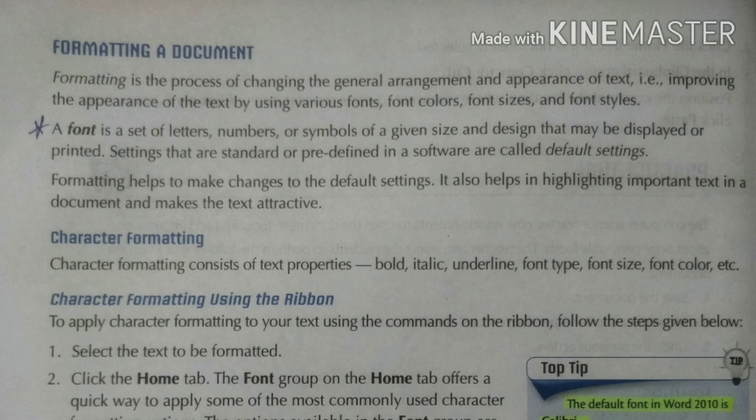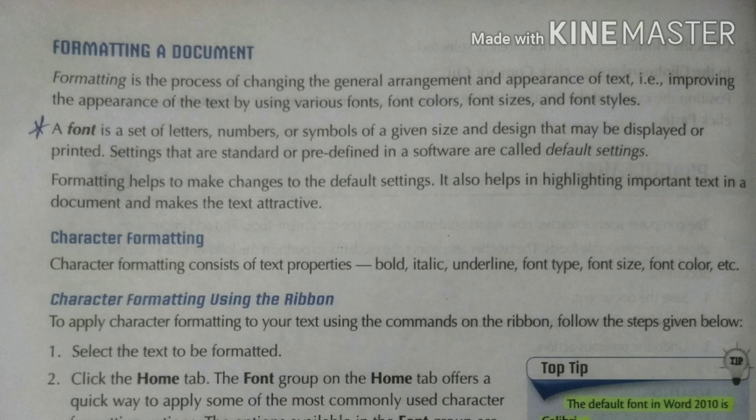Next, formatting helps us to make changes to the default settings. It also helps in highlighting important text in a document, which makes the text attractive. So if you want to change the default settings, you have to take the help of formatting. That is why we use formatting.